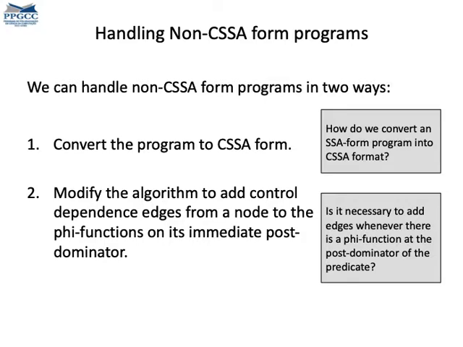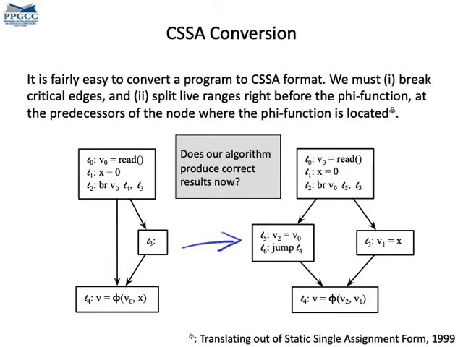However, it's relatively simple to deal with programs in non-conventional SSA form. We can convert them to CSSA form, or we can use an adapted version of our algorithm. Let's explore the two alternatives. First, converting a program to CSSA form is trivial. Just split the live range of all the incoming arguments of phi functions right on the incoming edge.